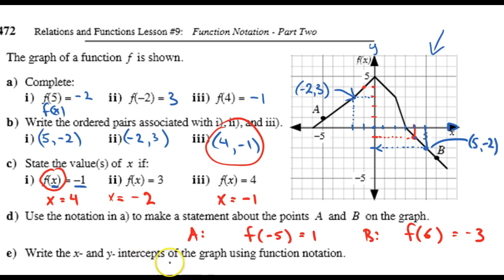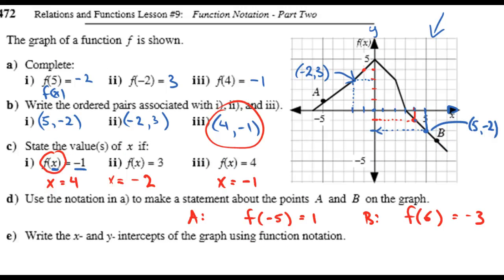Write the x and y intercepts on the graph using function notation. Okay, the x and y intercepts, we have actually one y-intercept, of course, and two x-intercepts, and they are right here. There's the x, there's the y, and there's the other x. So I'll write them in green here.